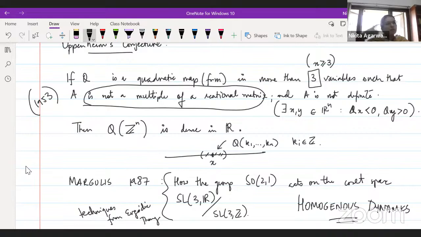So you will not see it become dense in R^n. This exercise all of you can take: if you have a quadratic form coming from a rational matrix, then Q(Z^n) can never be dense in R. That you can see.